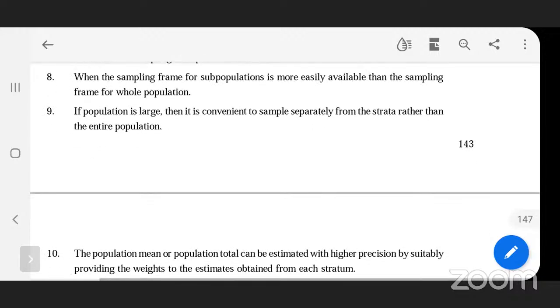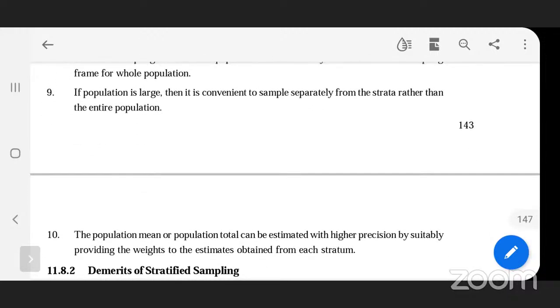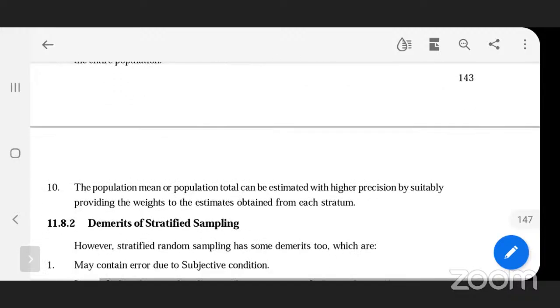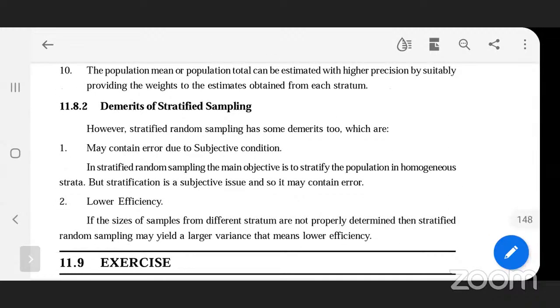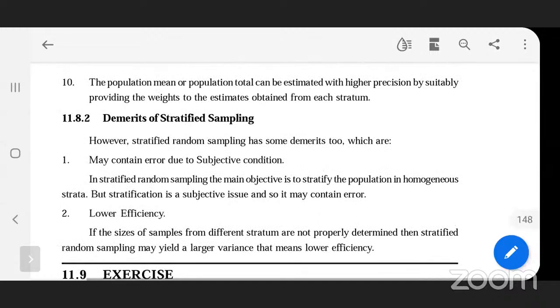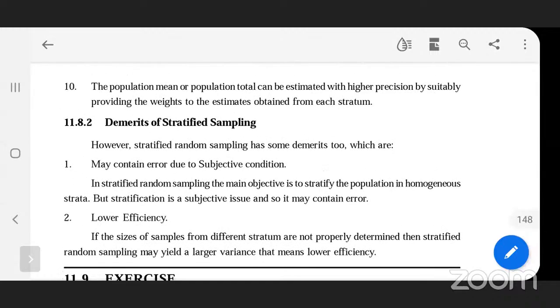If the population is large, it is convenient to sample separately from the strata rather than the entire population. The population mean and population total can be estimated with higher precision by suitably providing weights to the estimates obtained from each stratum.